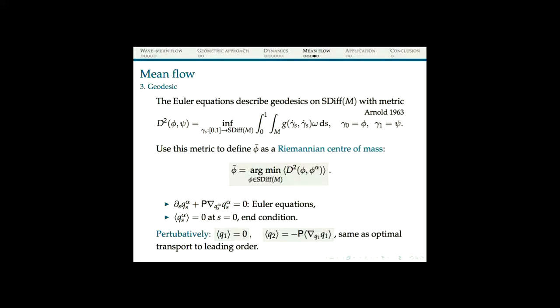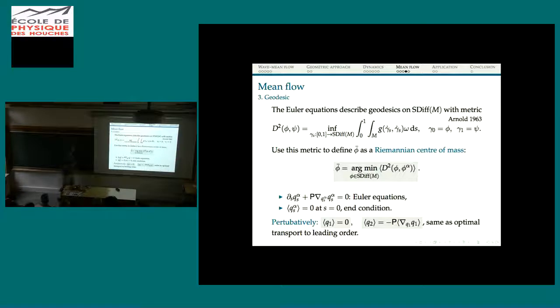These ones stay among volume preserving diffeomorphisms all the time. So the upshot is that the paths satisfy the Euler equation written here with a projection to eliminate the pressure, to ensure divergence freeness, and then with simple conditions. Okay, and again you can work things out.